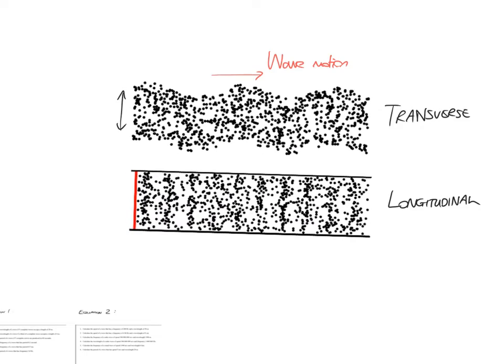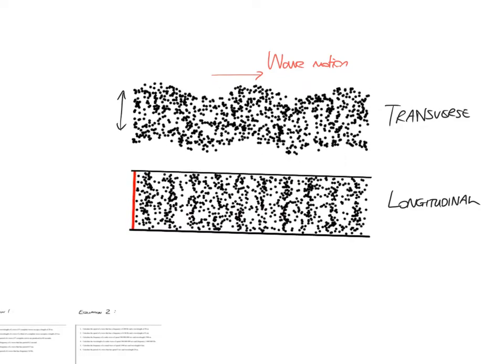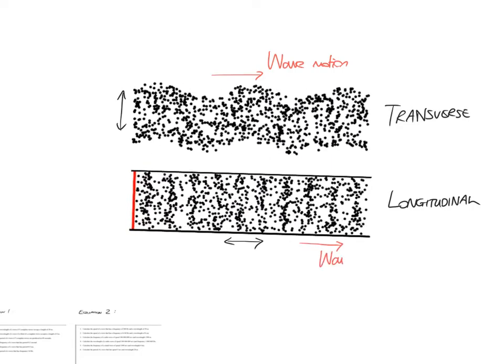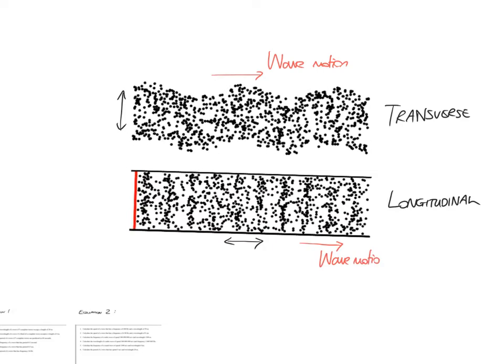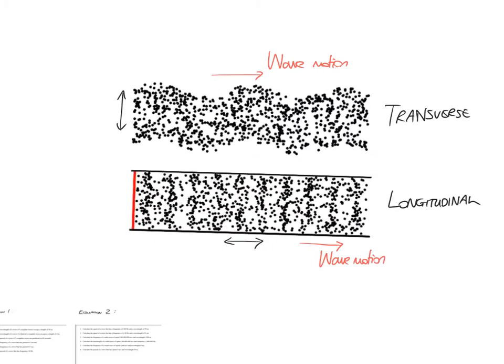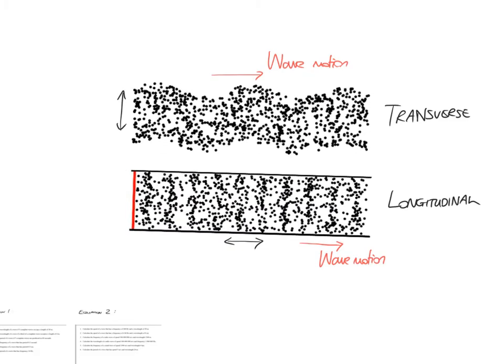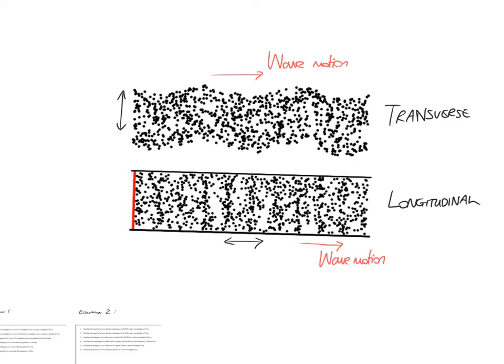In the lower picture, if you look at an individual particle, it's oscillating backwards and forwards. Nevertheless, we still get waves. You can see waves moving from left to right. So again, it involves oscillation of the medium only in a direction which is parallel to the direction of wave motion.